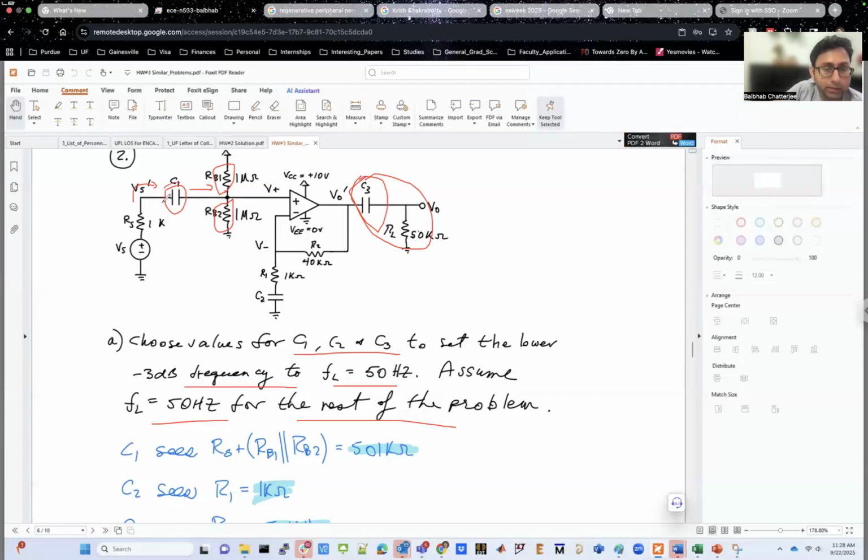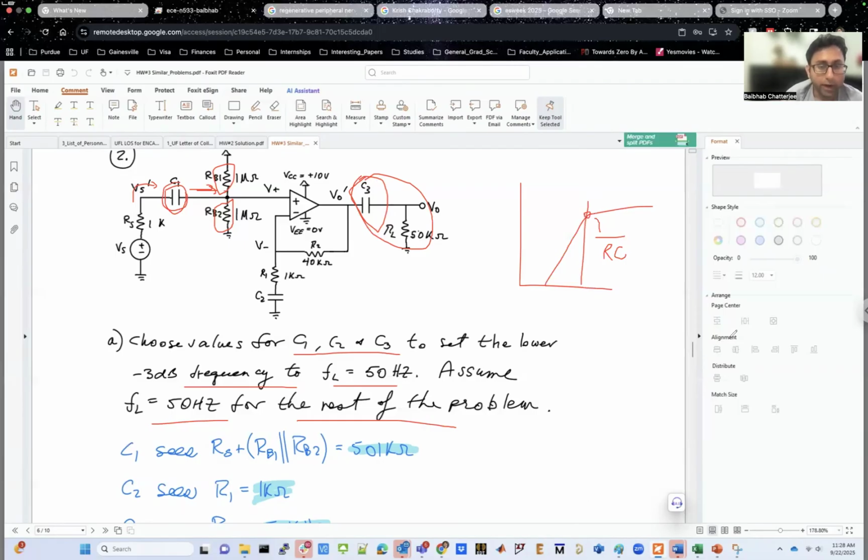Because there is a capacitor and there is a combination of resistors looking on the right-hand side of it. So they will create a high-pass sort of filter, and the high-pass filter's cutoff frequency would be related to 1 upon RC, where you are interested in the capacitor and the resistor associated with it.